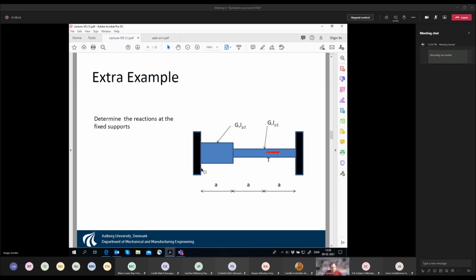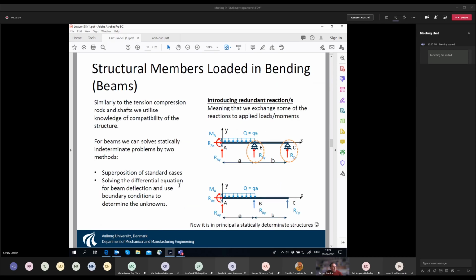The second component, which adds, is the rotation of this cross-section with respect to this one. And the last component is the rotation of this cross-section with respect to this one. So the rotation of element 1 plus the rotation of element 2 plus the rotation of element 3 is 0. And then for each of these 3 rotations, we use this formula.